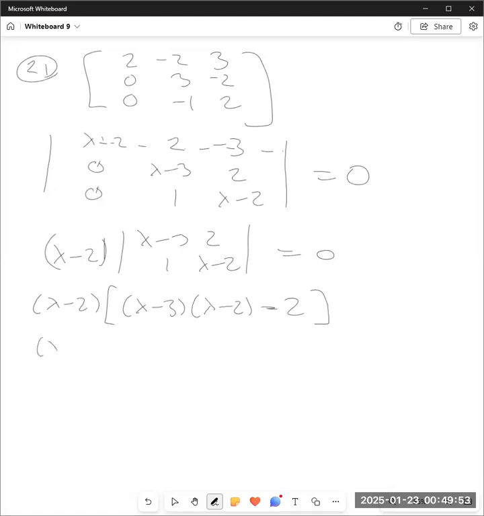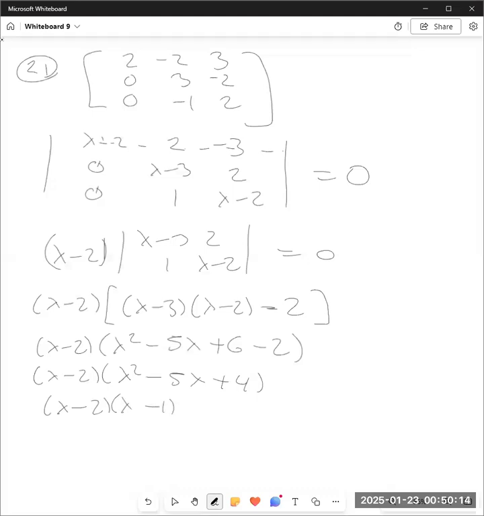So this is lambda minus 2 times lambda squared minus 3 minus 2 is minus 5 lambda plus 6 minus 2 is lambda minus 2 times lambda squared minus 5 lambda plus 4 is lambda minus 2 times lambda minus 1 times lambda minus 4.